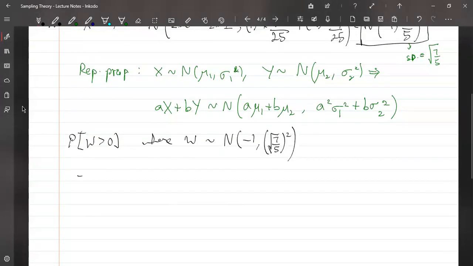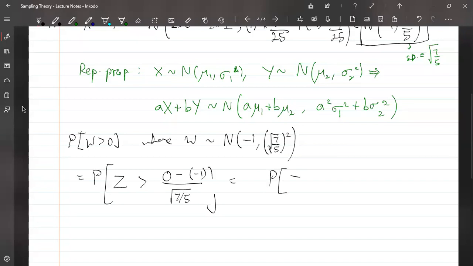So as usual, this is probability of Z greater than 0 minus (minus 1), so basically minus mu by sigma, divided by root of 7 by 5, which is probability of Z greater than root of 5 by 7, which is 1 minus phi of root 5 by 7, taking the complement.